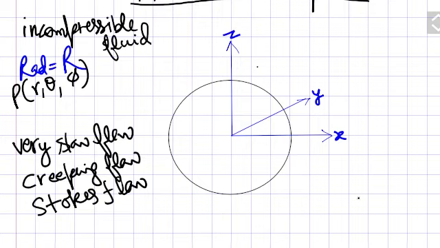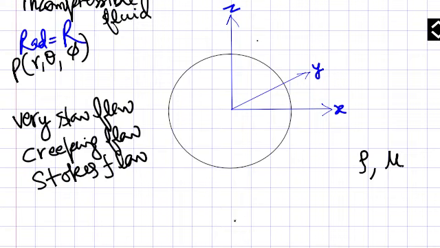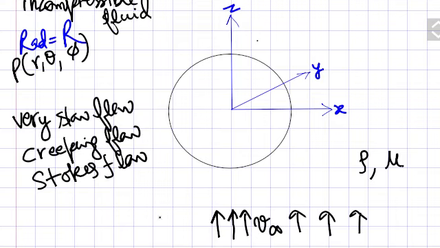The density of the fluid is rho, the viscosity is mu, and it is approaching the sphere in the z direction from very far away, where the sphere has no influence. Here the velocity is v infinity, everywhere in this direction. It is not affected by the sphere, and this velocity is called the velocity of approach.